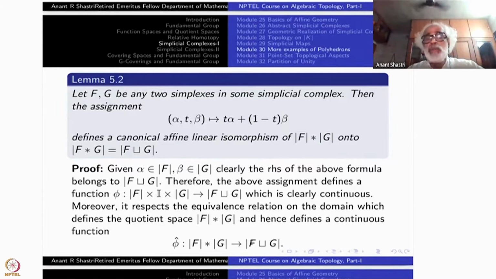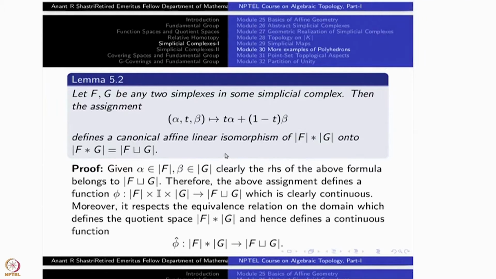So the point that we have to verify is that this is a bijection. The moment it's a bijection, since this is a compact space and this is a Hausdorff space, it will automatically be a homeomorphism. It's a linear isomorphism, linear in the sense of affine linear, not the vector space linearity.